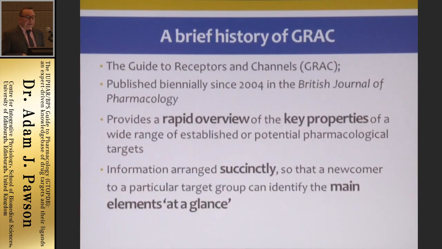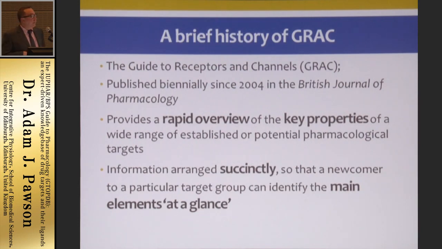Quite differently, GRAC, or the Guide to Receptors and Channels, as I said, was a series of publications which was published once every 2 years as a supplement of the British Journal of Pharmacology since 2004. Where GRAC differs from IUPHAR-DB is that it provides a rapid overview of the key properties of a much wider range of drug targets or potential pharmacological targets.